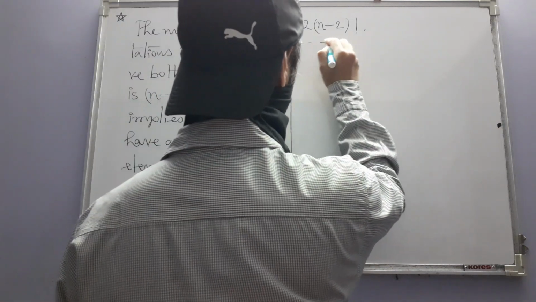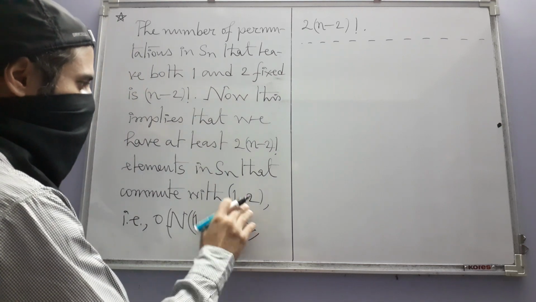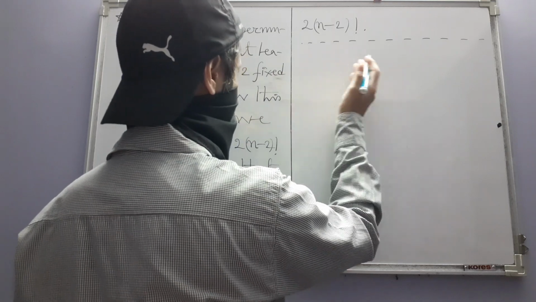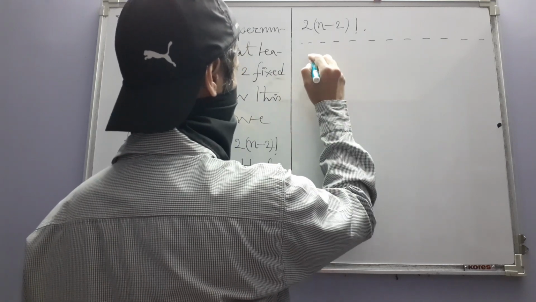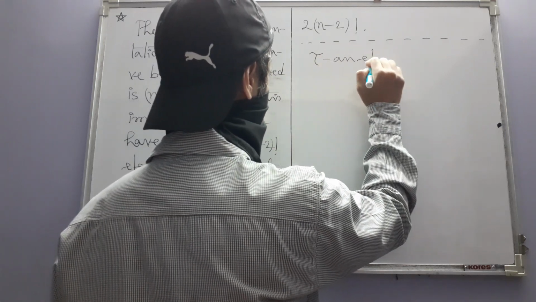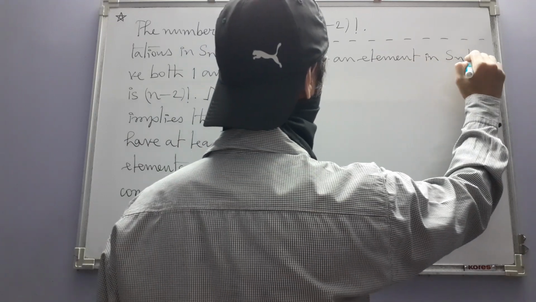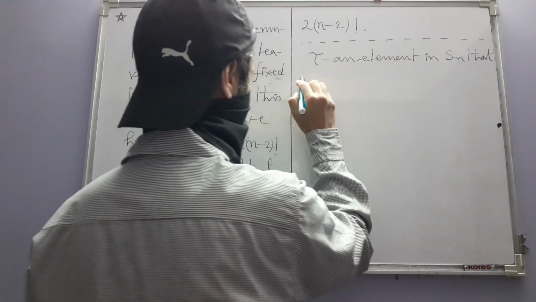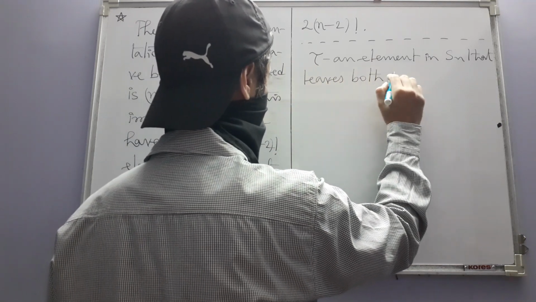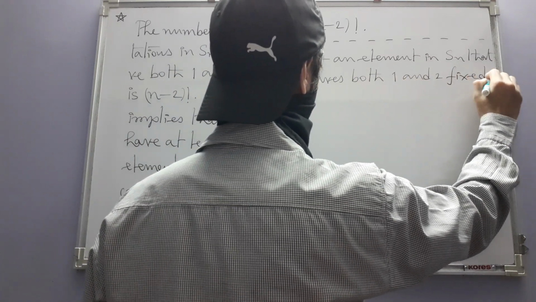You see, let's give this permutation some name, say tau, an element in Sn that leaves both 1 and 2 fixed.